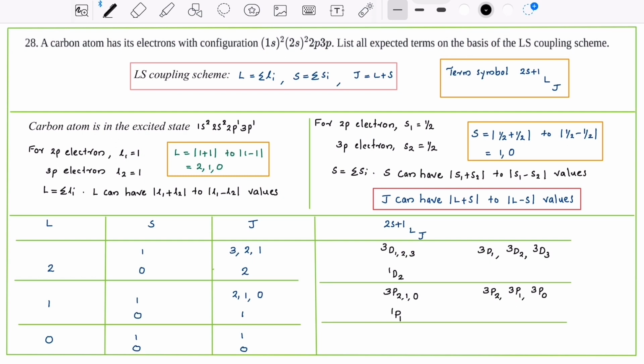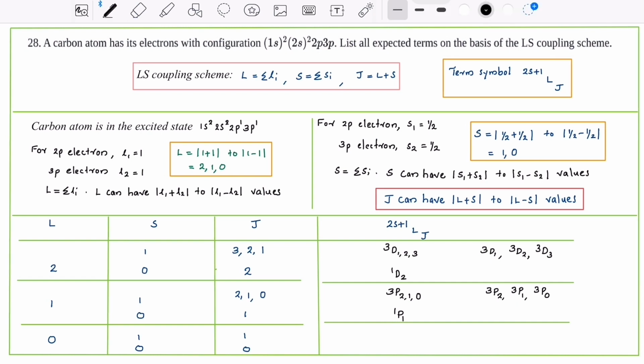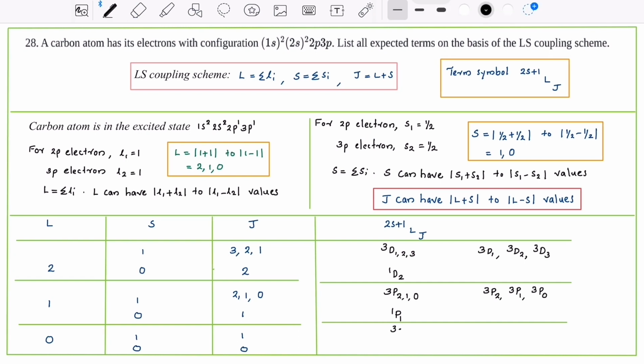When S is equal to 0, J is equal to 1, the term symbol is 1P1. And when S is equal to 1, J is equal to 1, the term symbol is 3S1. And when S is equal to 0, J is equal to 0, the term symbol is 1S0.